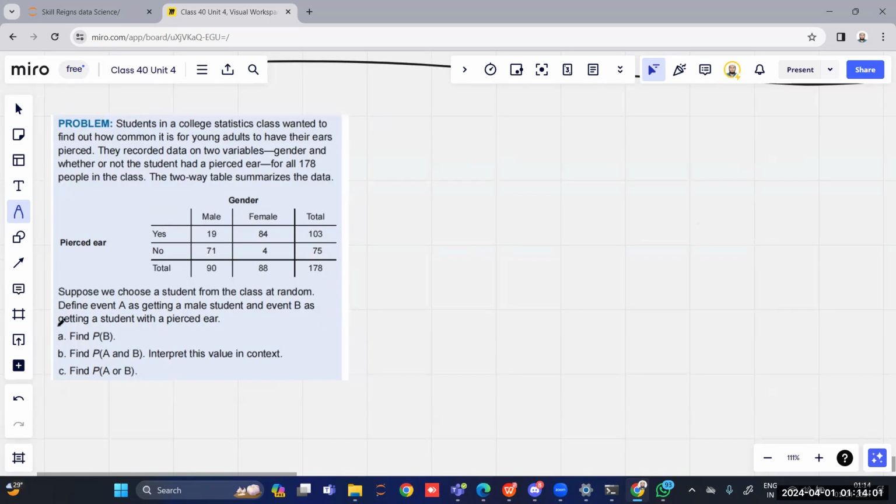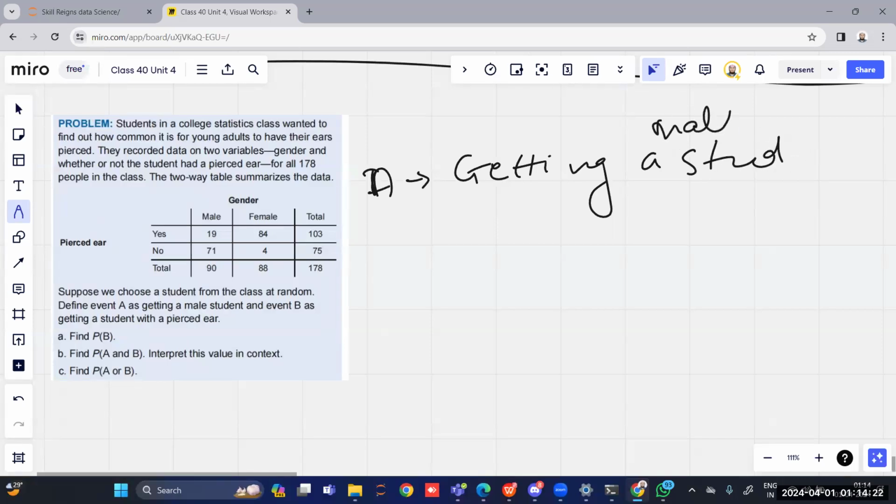Students in a college statistics class want to find out, okay, we have read the question. Suppose we choose a student from the class at random. Define A as getting a male student and B as getting a student with a pierced ear. So what will be the probability of A, getting a male student?